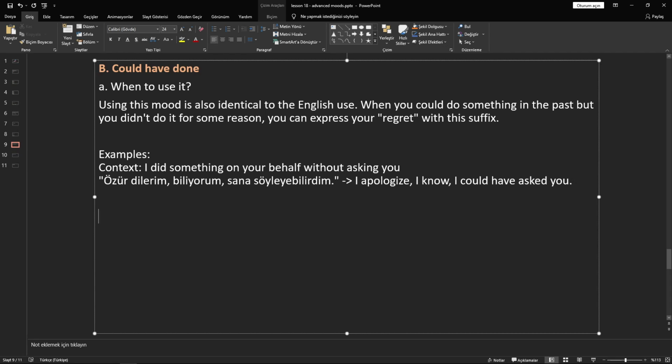Maybe we can use something else. The baklava example. Daha fazla şekeriniz vardı. Daha fazla baklava yapabilirdiniz. The baklava example, like when you have guests over and you run out of baklava, then you tell your wife, we should have done more baklava.